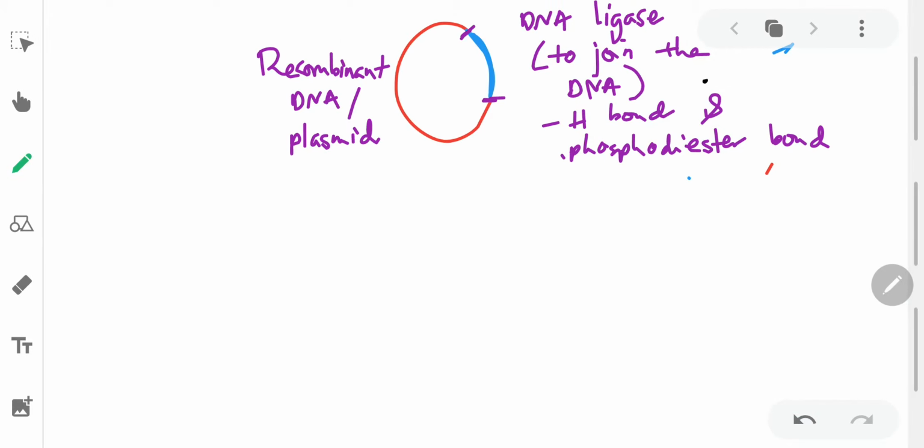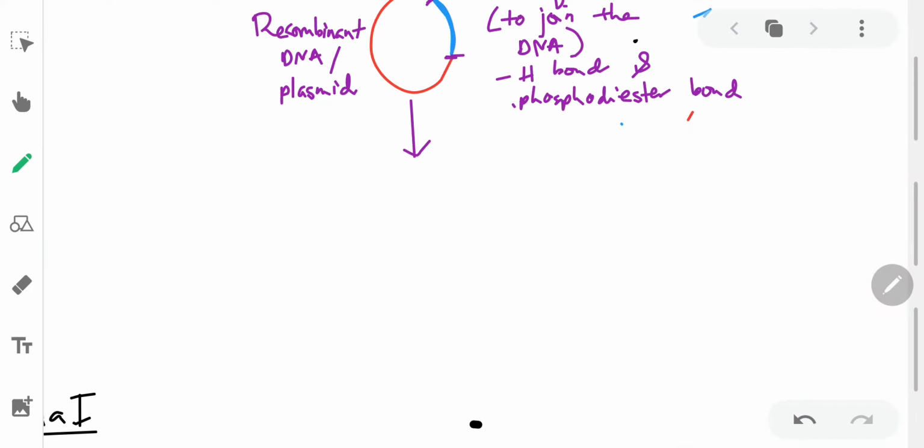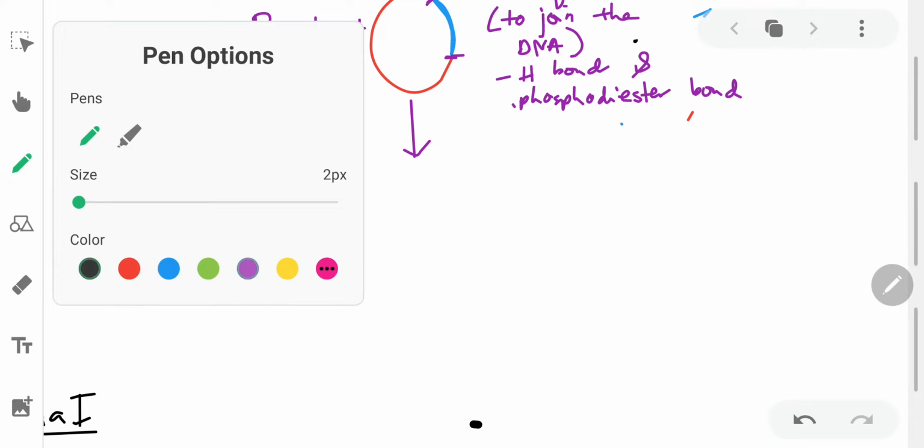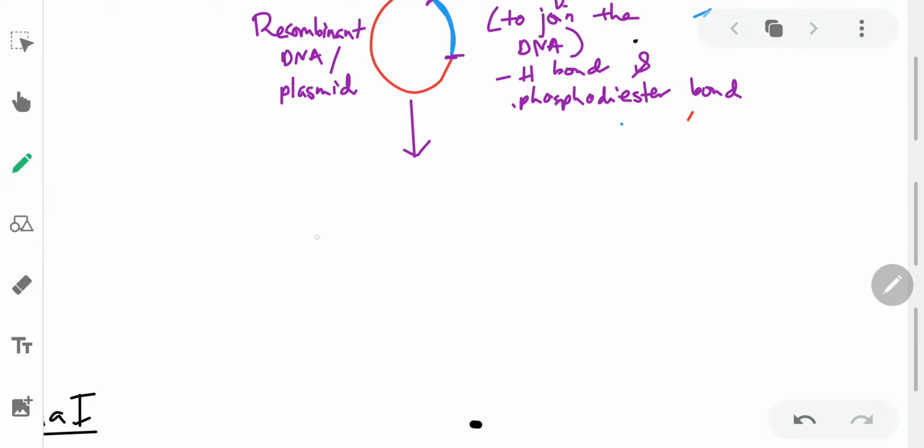Now we have a recombinant plasmid. We are going to reinsert this recombinant DNA into the host cell.